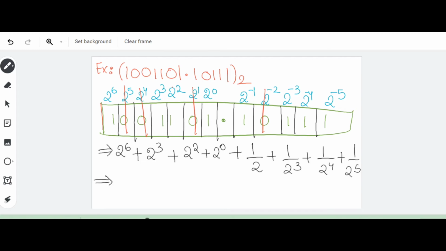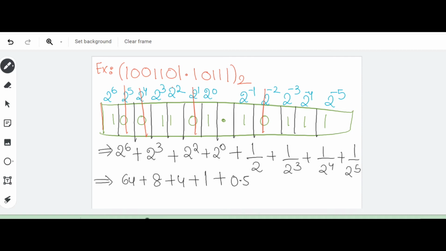Okay, so 2 power 6 is 64, 8, 4, and let me check here clearly. It is 2 power 0, right? So we have 2 power 3, 2 power 2 and 2 power 0 is 1. So 1 into 1, obviously it will be 1, right?